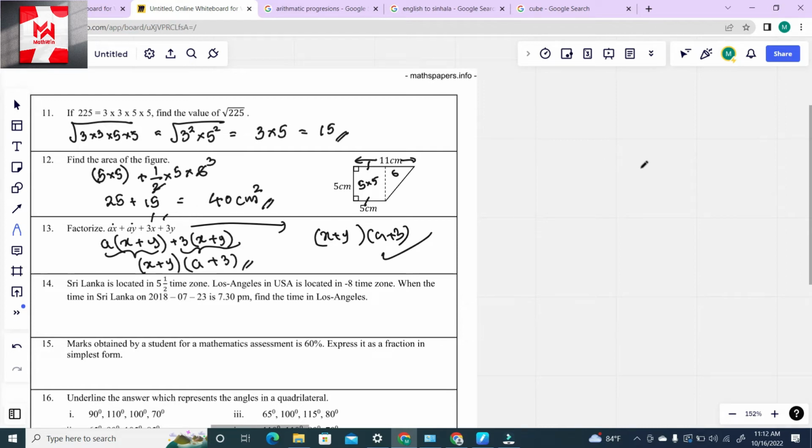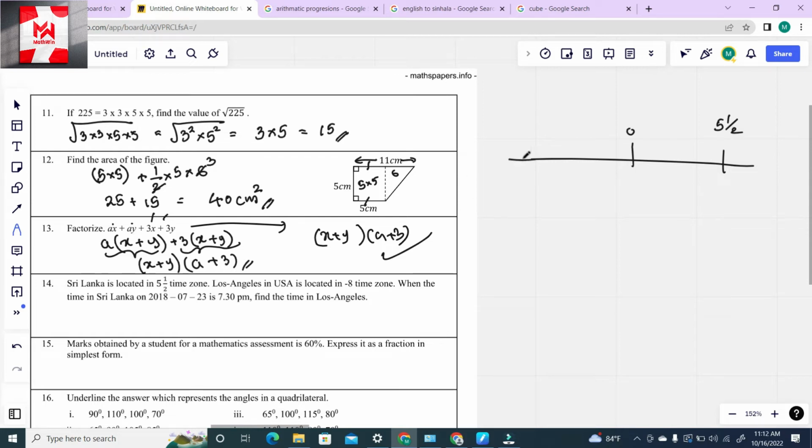So you know, actually this is the Greenwich line, that's the time line. If this is 0, and when we are considering this line, Sri Lanka is here, that means 5 and a half.